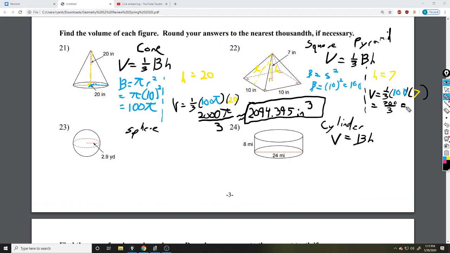Which I don't need the calculator. That should be 233. Let me go over here so you can see it better. 233.333 inches cubed. Still inches cubed.